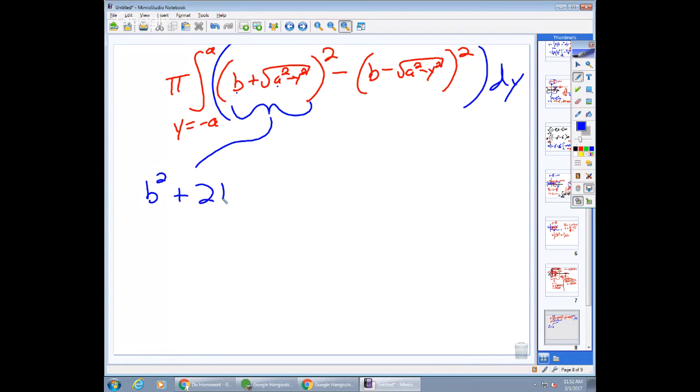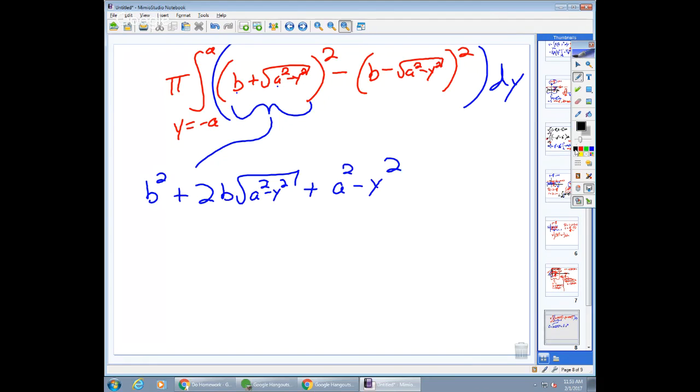So that's 2b square root of a squared minus y squared. And then you're going to get plus the square of the square root, which is going to be what? A squared minus y squared. And then I'm going to have to square that one out and then change all of the signs after.